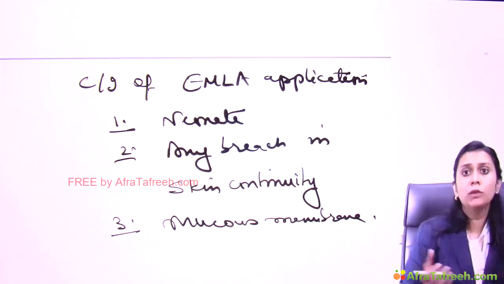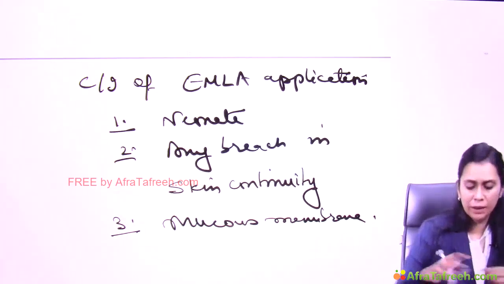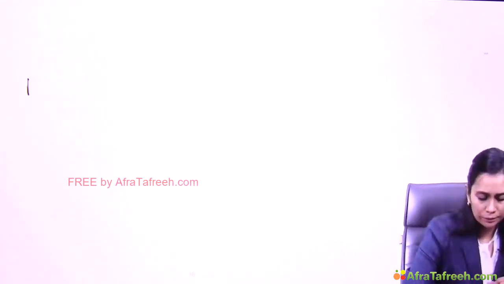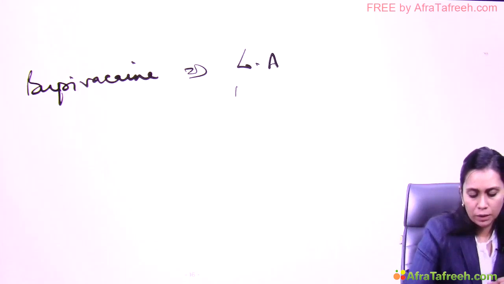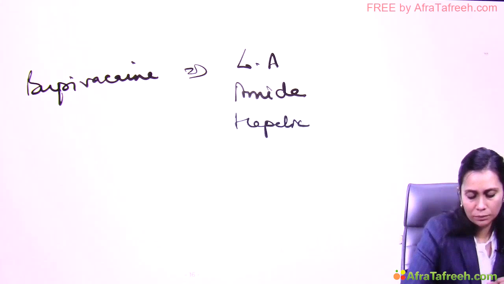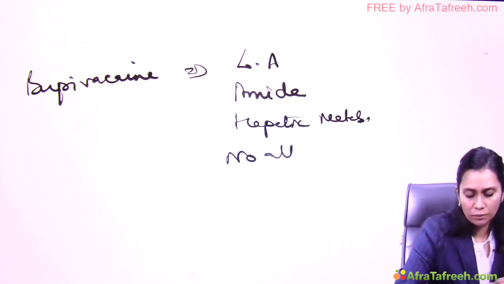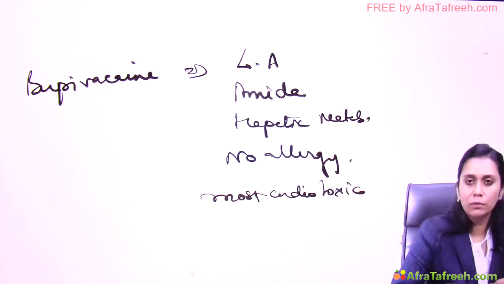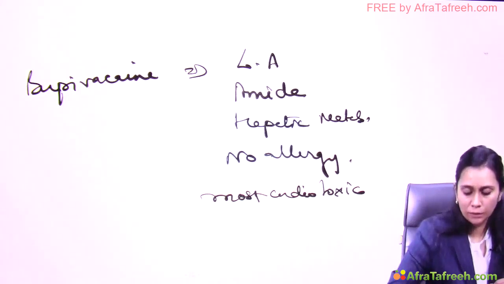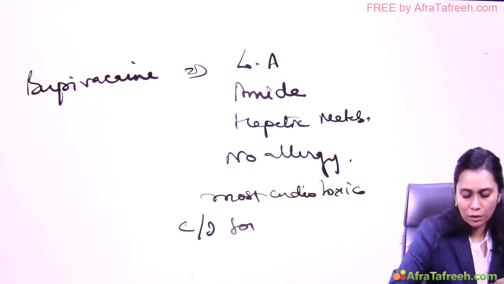Coming to the next local anesthetic, again a very important one, bupivacaine. What are the points of bupivacaine which we know? Long acting, amide, hepatic metabolism, no allergy, most cardiotoxic, contraindicated for IVRA.